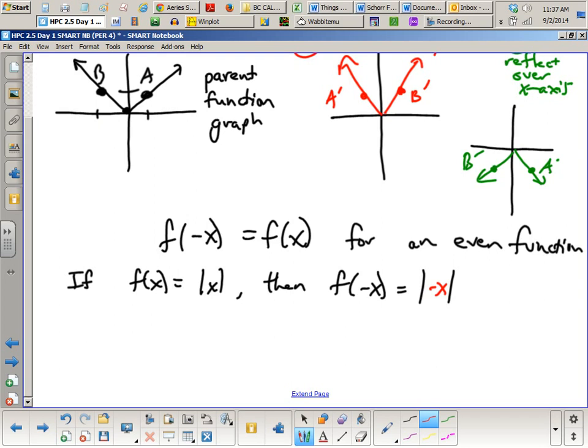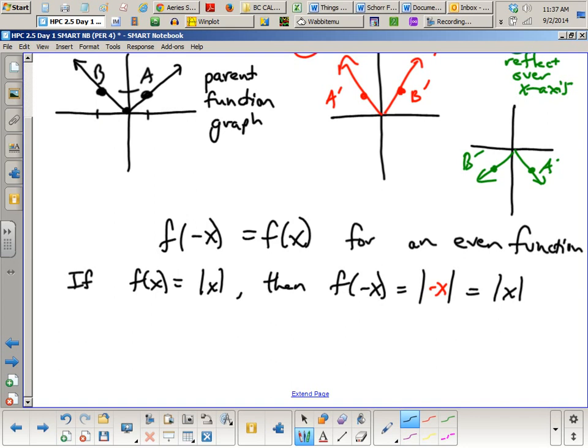Well, what's the absolute value of negative x? It's not x. It's positive. You got to be careful here. The absolute values will wash away the negative, but it will not be removed from the problem. So it's going to be absolute value x. Absolute value x is the correct answer to my question. This simplifies to absolute value x.